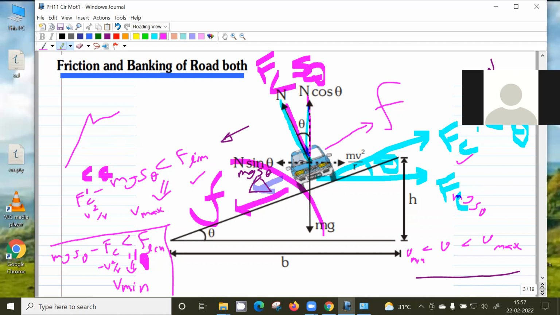Normal reaction is an upward force, so it should equal the other downward forces. mg cos theta is downward, and FC sin theta is upward, so that will go as minus. So mg cos theta minus FC sin theta is the normal reaction. Got it? Okay, so this is yesterday's thing.